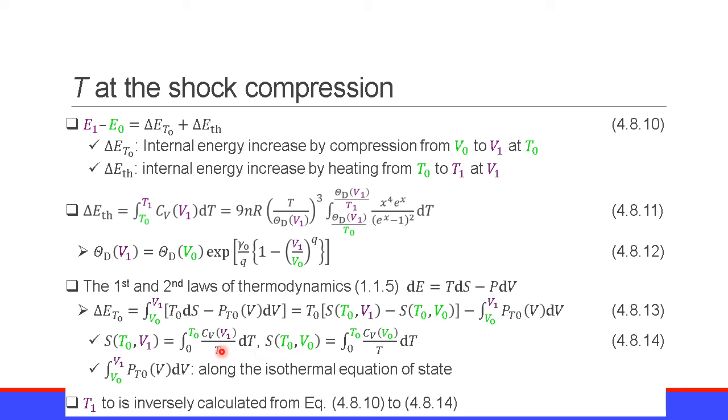And the entropy at T0 and volume V1 is the integral of Cv at volume V1 divided by T with respect to temperature from 0 to T0. The entropy at T0 and V0 is the same. So we inversely calculate these equations and we obtain T1 by this inverse calculation.